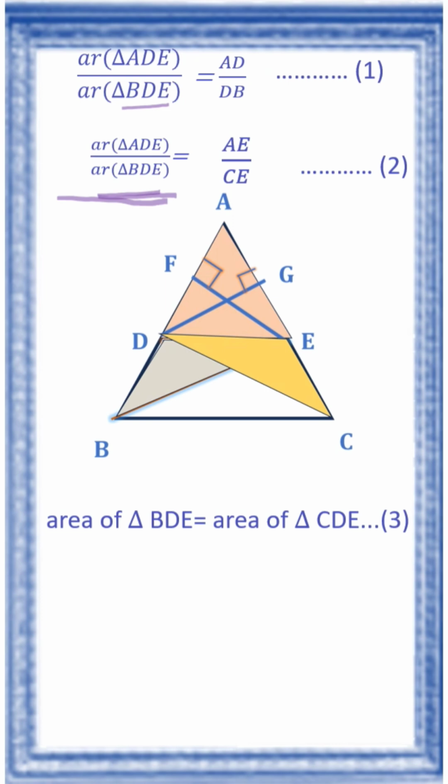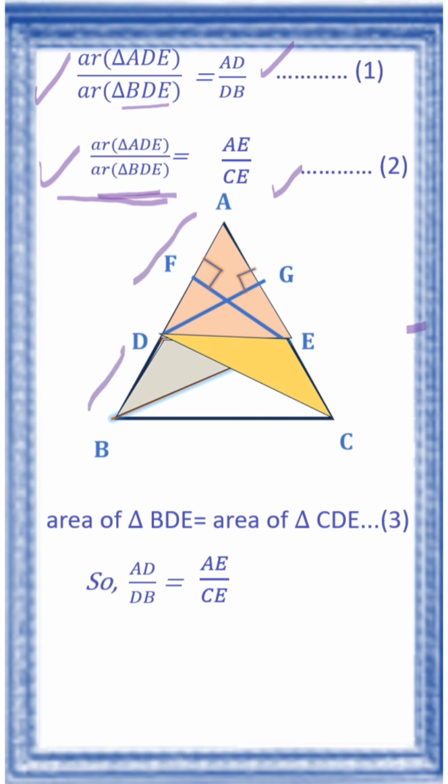Now area of triangle ADE by area of triangle BDE is equal to AE by CE. So LHS and LHS are equal, so RHS should be equal. So now we have AD divided by DB is equal to AE by EC, isn't it? Hence proved.